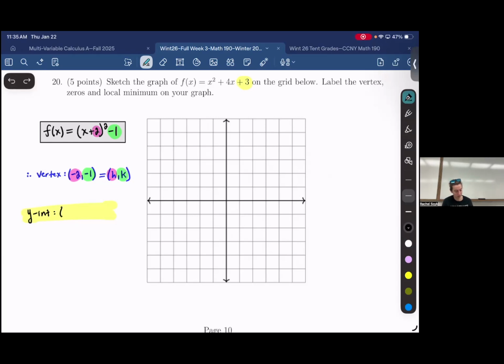And then our x-intercept, we can just factor our function. Our f of x is equal to x squared plus 4x plus 3. That's the same as x plus 3, x plus 1. So if we set it equal to 0, our x-intercepts are at -1 and let's do ascending order, so -3 and x equals -1.